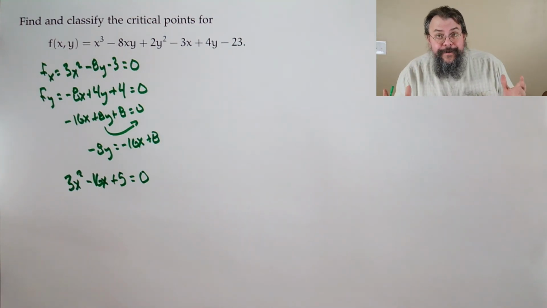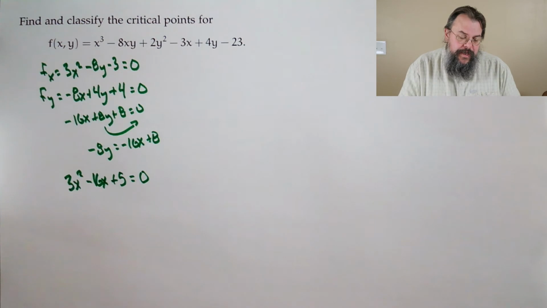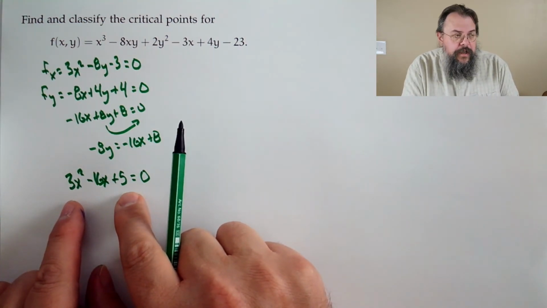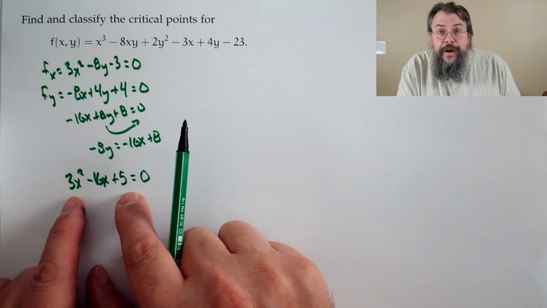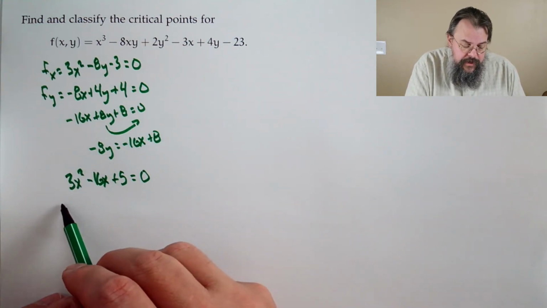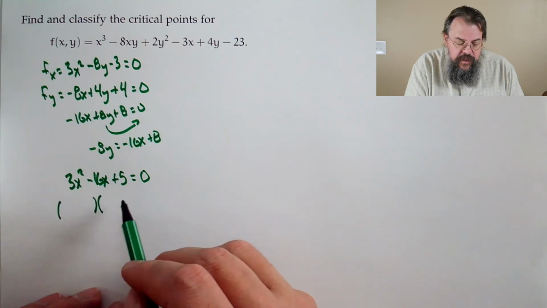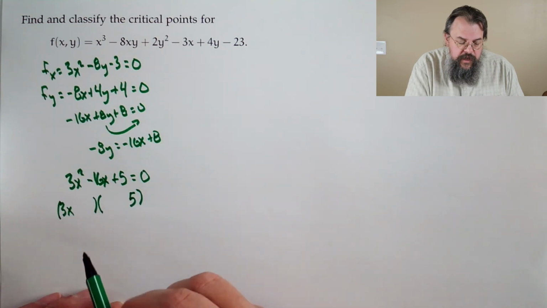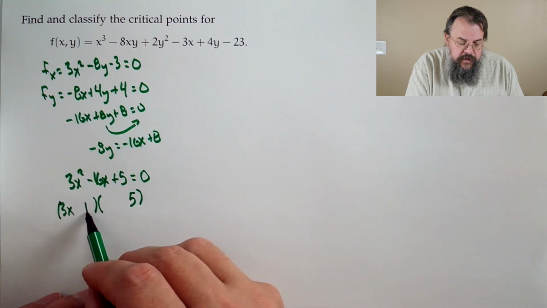Does it factor? It actually will. And you see, look, there's not a lot of ways to break up 3. 3 and 1. Similarly, 5. 5 and 1. So, because we need to get up to 16, the 3 and the 5 will multiply together. So we'll put those there. And then the 1s will multiply together.